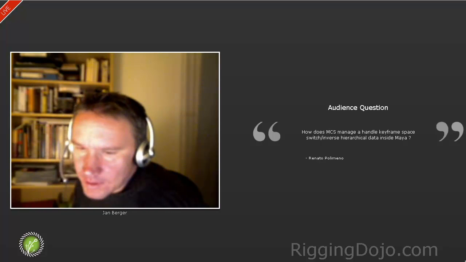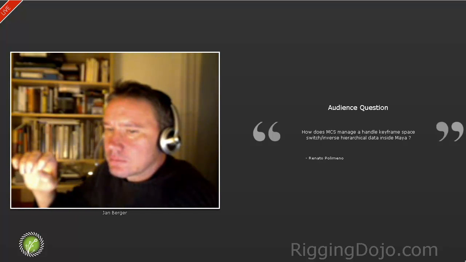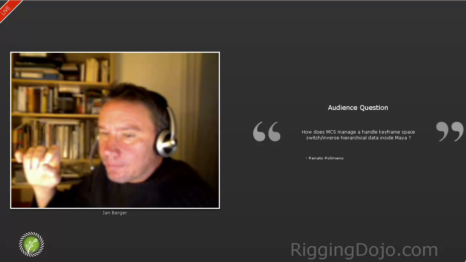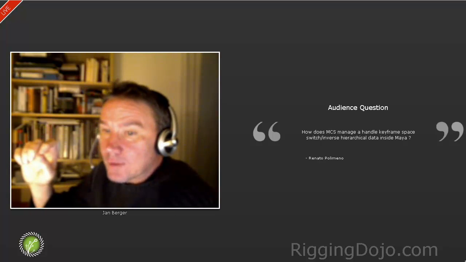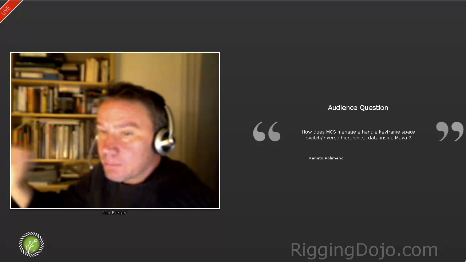How does MCS manage the handle key inside Maya? Like I mentioned earlier, these MCS handles have certain attributes, and these attributes get passed along.